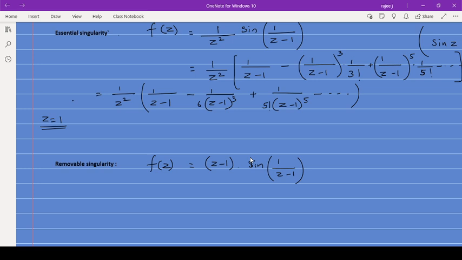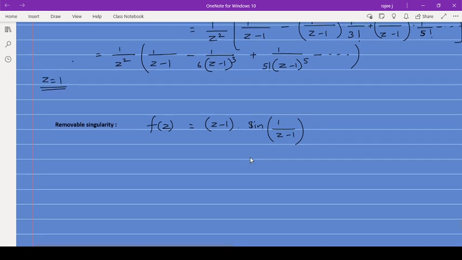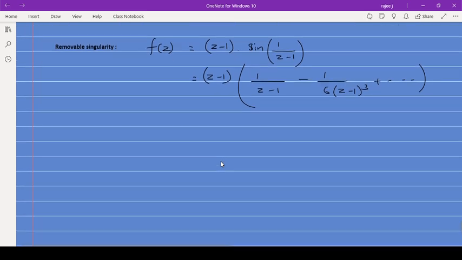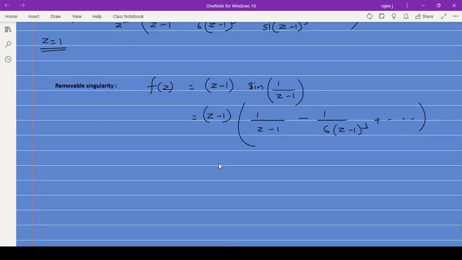Then the same expansion will come, the same expansion which is in the bracket here, and here z minus 1 will be one extra term into 1 upon z minus 1 minus 1 upon 6 into (z minus 1) the whole cube plus etc. Here also you can see z equal to 1 is a singularity.